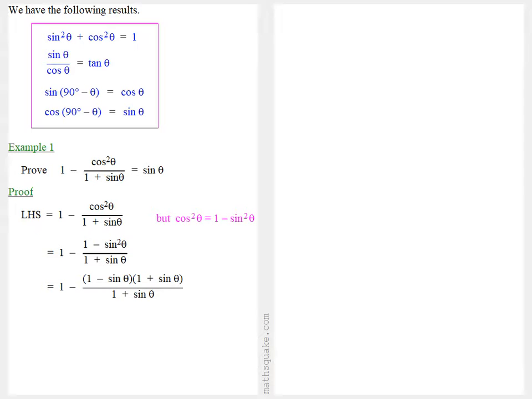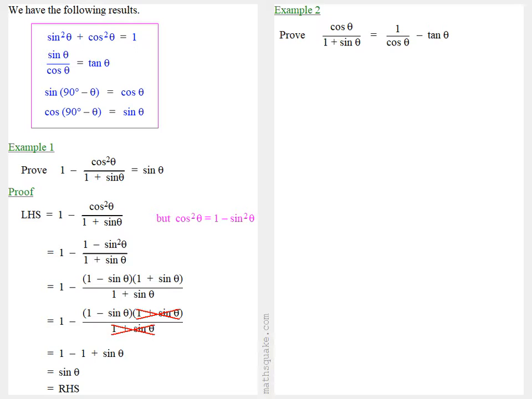It's the difference of two squares, and so now we've got 1 take away (1 minus sine theta) into (1 plus sine theta) all over 1 plus sine theta. Now we've got 1 plus sine theta on the top and on the bottom, and so they can cancel. So that's 1, take away (1 minus sine theta), which is equal to sine theta, which is the right-hand side.